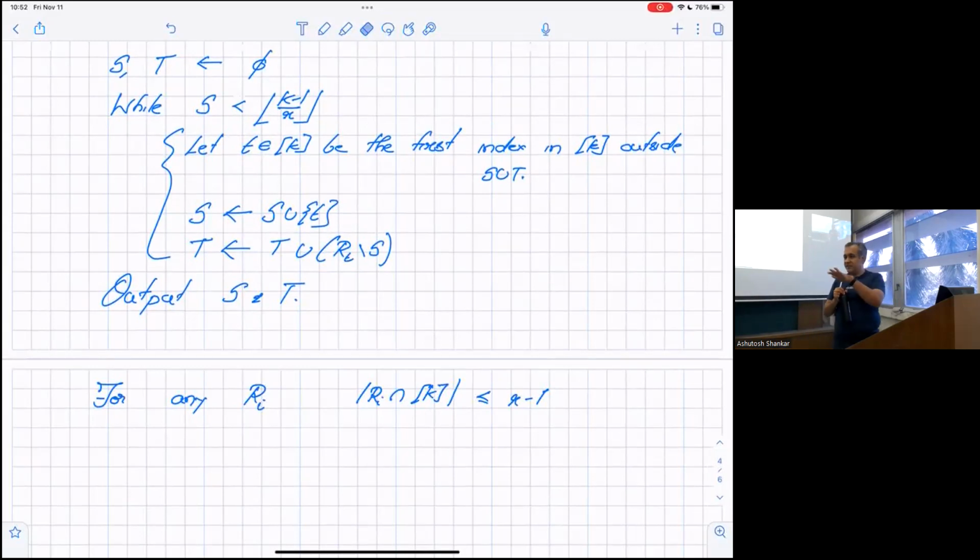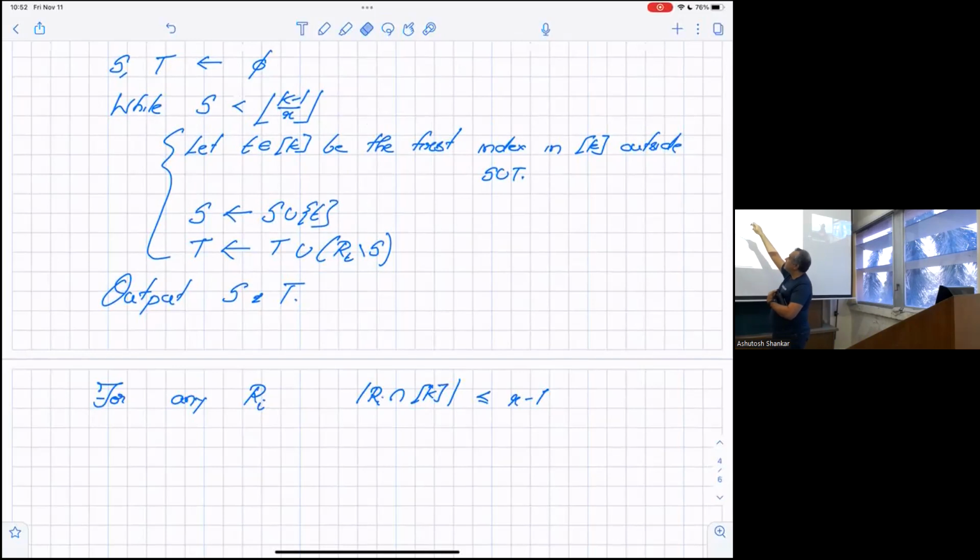Therefore, let's look at exactly what Sridhar's argument said. Let's look at how you're growing within K. Each time, the size of S is incrementing by 1, and the size of R_i intersection K is increasing by at most R minus 1.